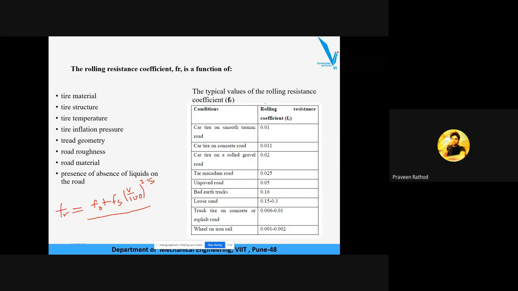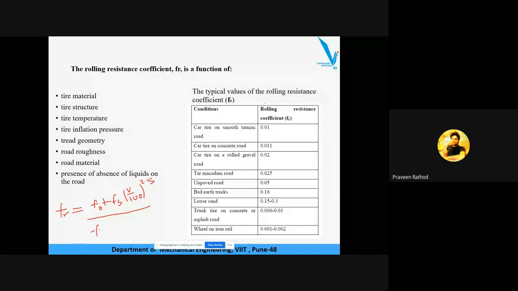Whenever we consider vehicle performance, it is sufficient to consider the rolling resistance coefficient as a linear function of speed. For the most common range of inflation pressure, it can also be written as FR is equal to 0.01.